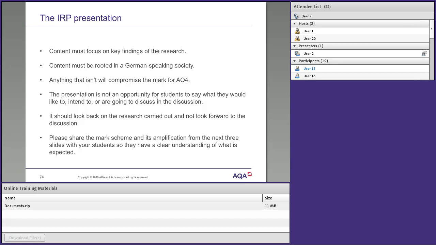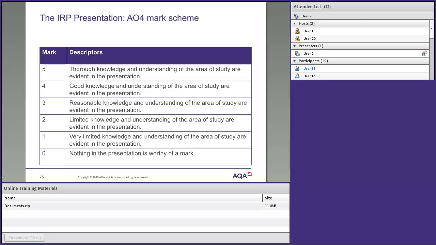It should look back on the research carried out and not look forward to the discussion. If you share the mark scheme and its amplification that I'm going to show you on the next 3 slides with your students, they will have a clear understanding of what is expected. So their presentation needs to show thorough knowledge and understanding of the area of study, and that has got to be shown in that 2 minutes of presentation.